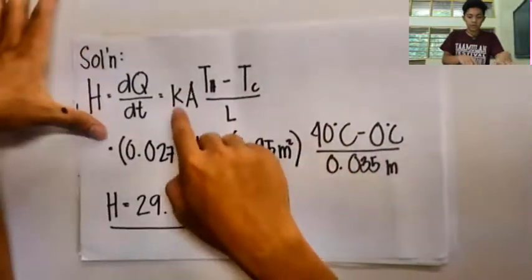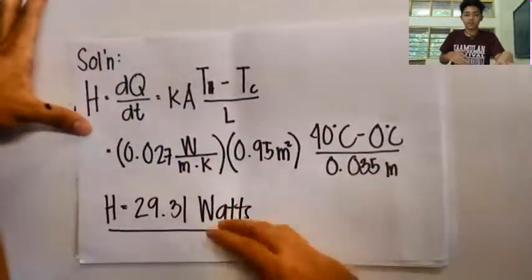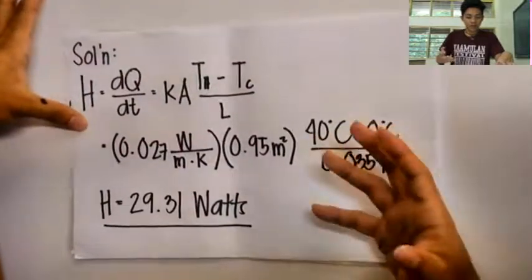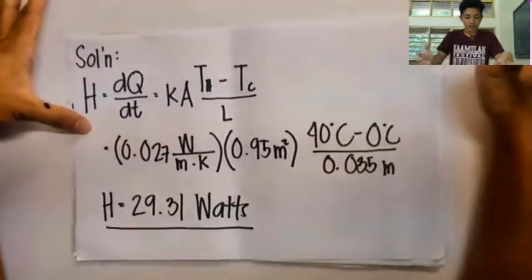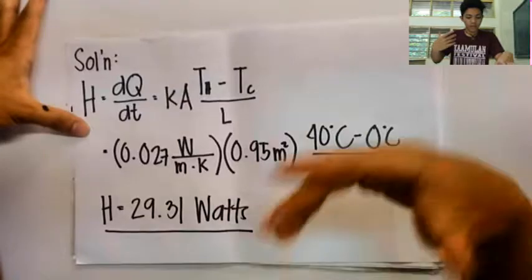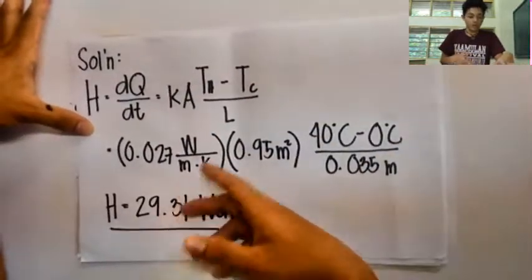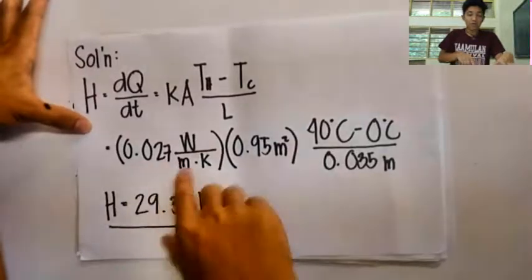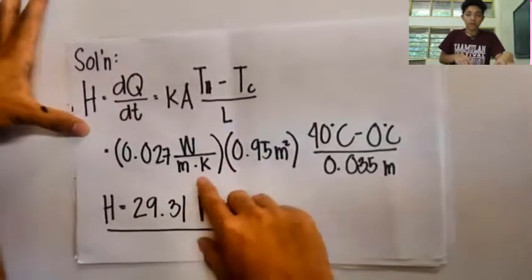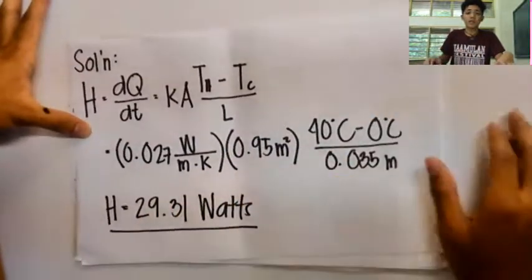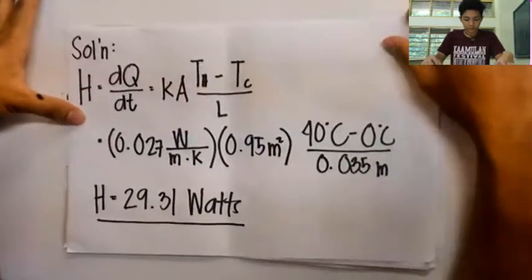The thermal conductivity depends on the kind of material. For this styrofoam cooler, the thermal conductivity is 0.027 watts per meter Kelvin. The amount of thermal conductivity can be found in a table.